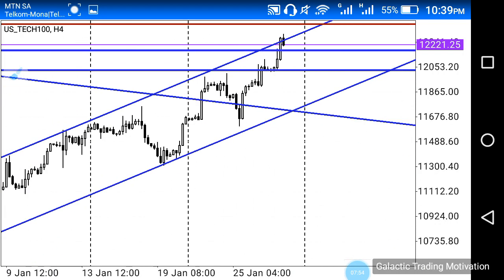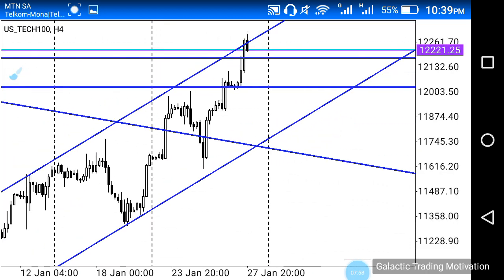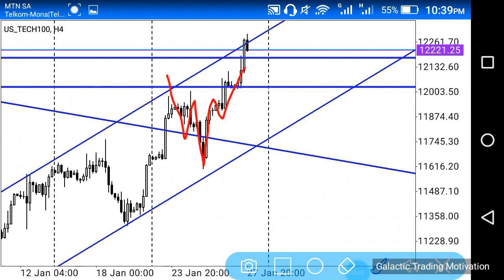Anyway, let's proceed. What else do we see, guys, now that we are on the H4 chart? On the H4 chart, I can see that we also had at this level an inverted head and shoulders pattern, which has more or less a neckline at that point. We saw price breaking to the upside of that neckline, and then coming back to the neckline to test it, and then pushing further up, which makes this level over here a very strong level of support.